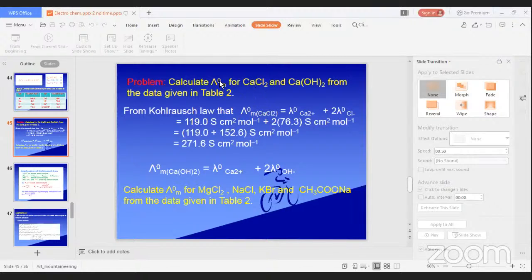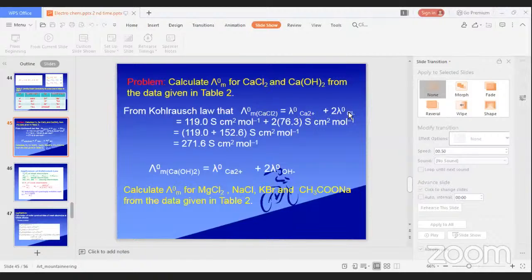Now we have to calculate the limiting molar conductivity of calcium chloride. According to Kohlrausch's law, it is lambda naught of Ca2+ plus 2 lambda naught of Cl-. Simply substitute the values.